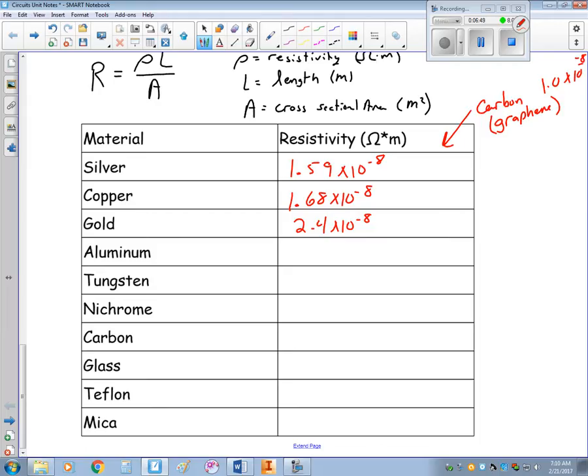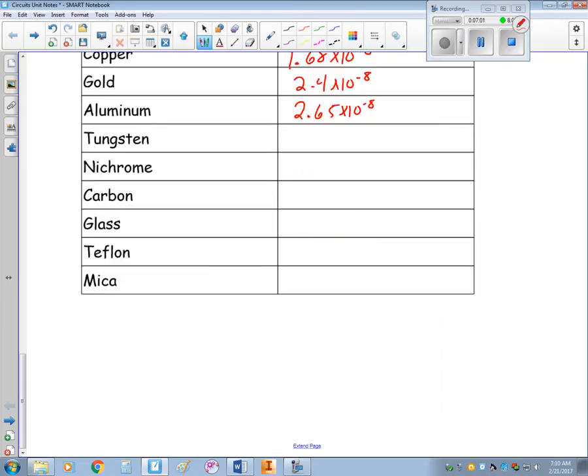Aluminum, 2.65. Tungsten. Tungsten is the material that you find in your toasters, so it's the wire filament in there. It's also what's used in light bulbs, and it's relatively resistive compared to other metals.